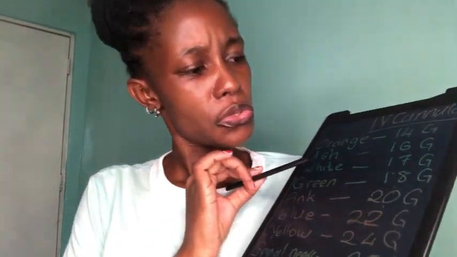So we have different gauges with different uses. Gauge 16, we said it is gray in color, and it is used to transfuse large fluid volume. Remember we said the smaller the needle, the higher the gauge.